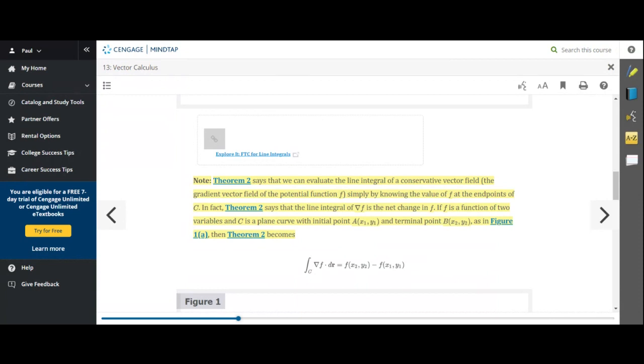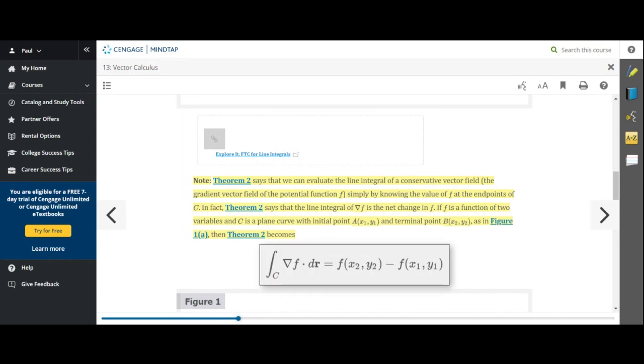So we can evaluate the line integral of a conservative vector field simply by knowing the value of the function at the endpoints. The line integral is just the net change in the function. For instance, if you had a function of 2 variables and C is a plane curve with an initial point and a terminal point, you would compute the work done by the gradient field in moving the particle from the initial point to the terminal point simply by this formula. It's that simple.